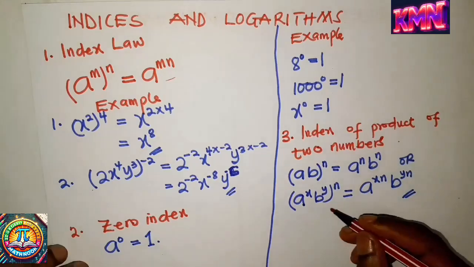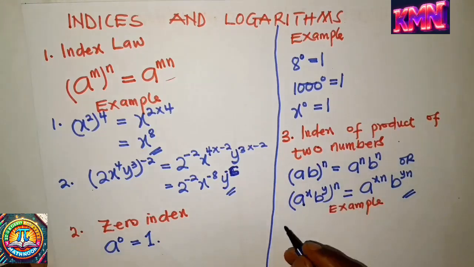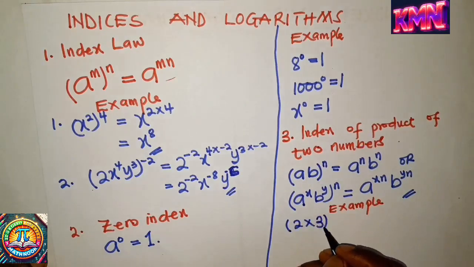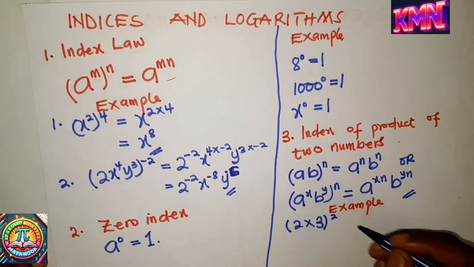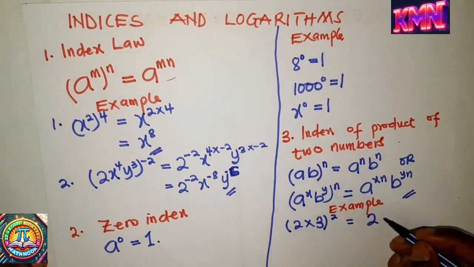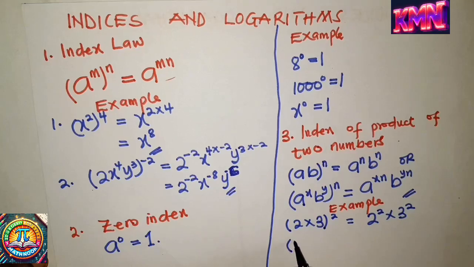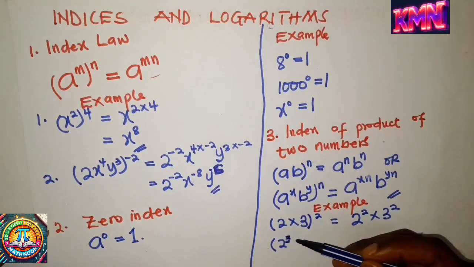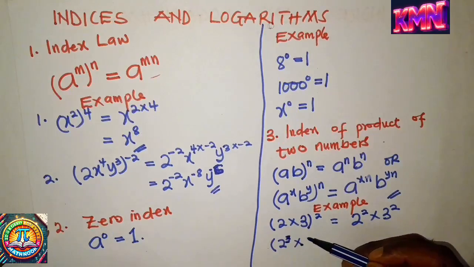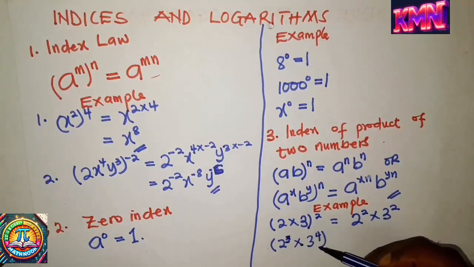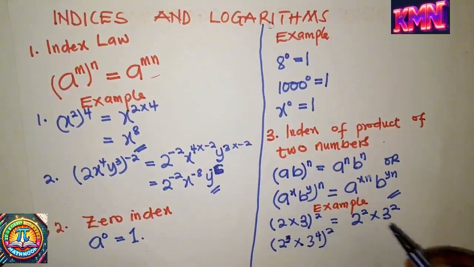If there's nothing there, it means there's a 1, and you also multiply it as such. Example: assuming we have 2 by 3 to the exponent 2. This can be written as 2 to the exponent 2 by 3 to the exponent 2. Or let's say you have 2 to the exponent 3 by 3 exponent 4, all to the exponent 2.